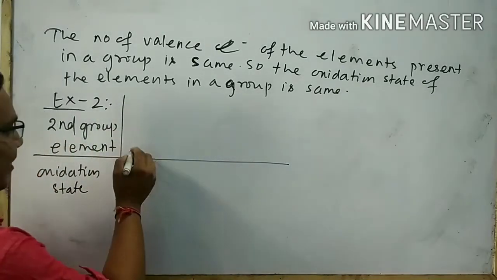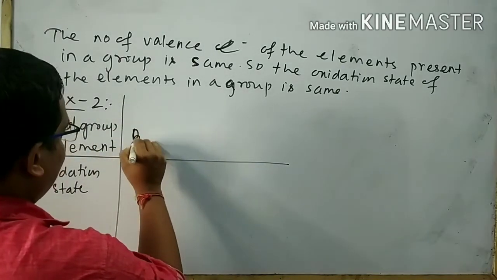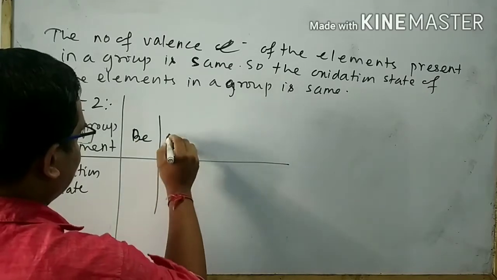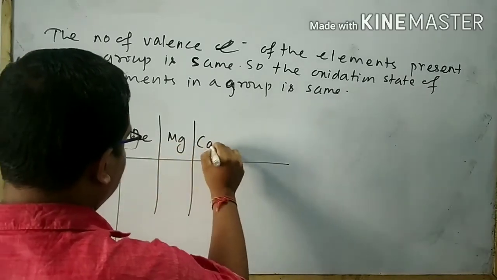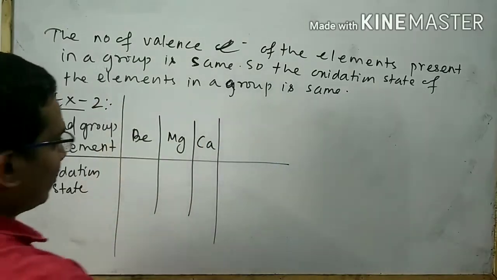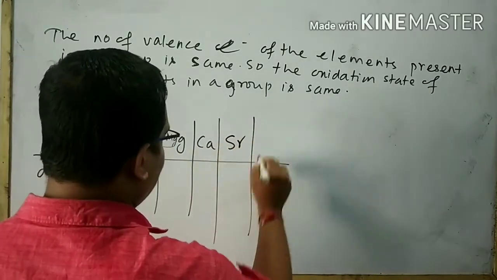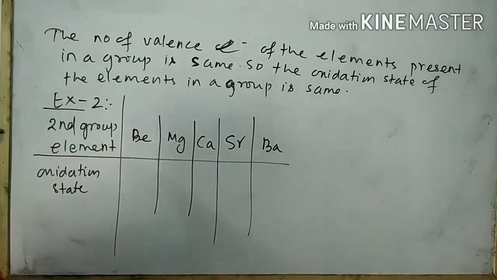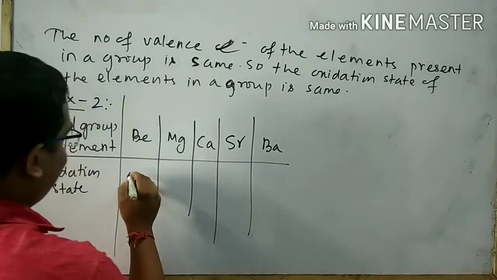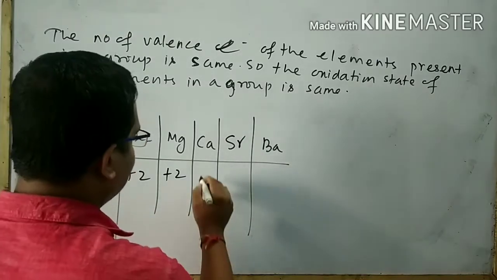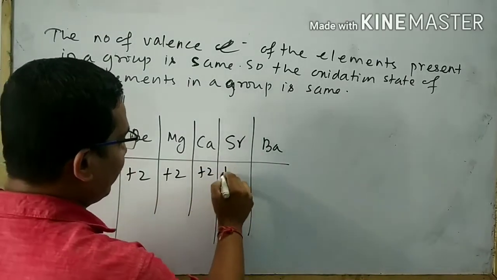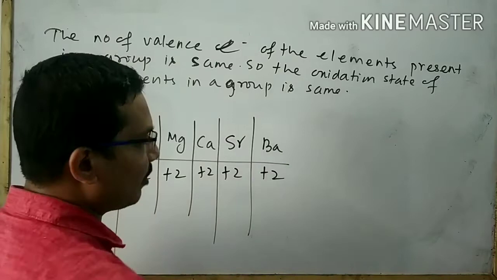The second group elements are beryllium, magnesium, calcium, next is strontium, next is barium. The oxidation state of beryllium is +2, magnesium also +2, calcium also +2, strontium +2, barium also +2.